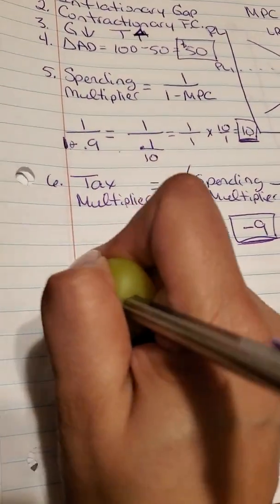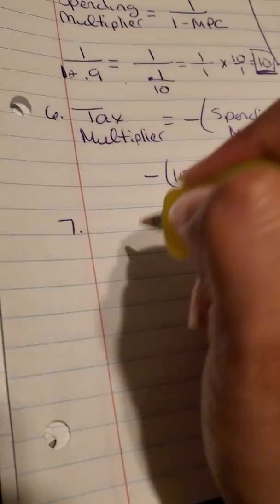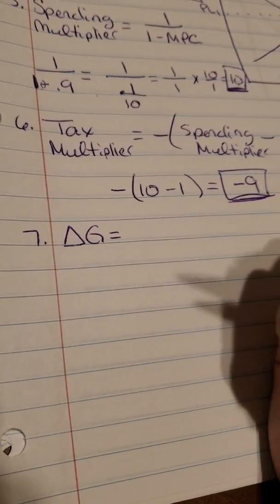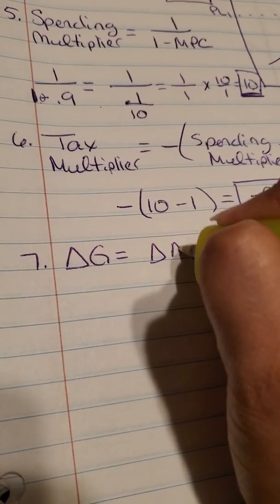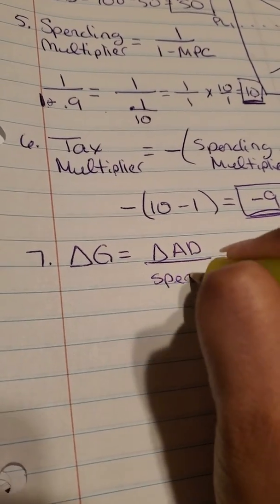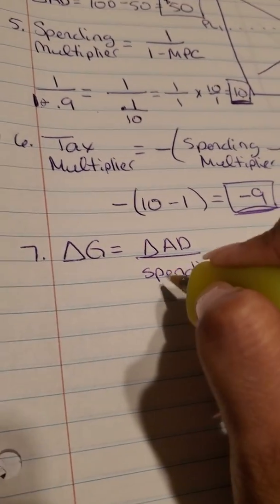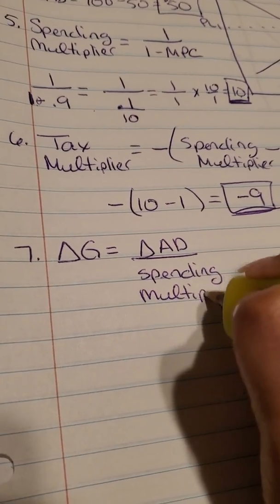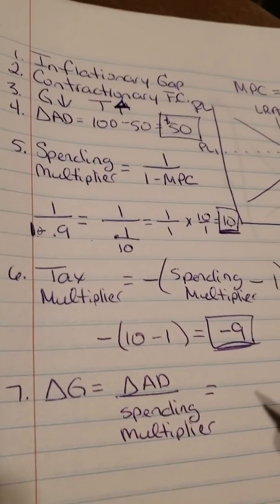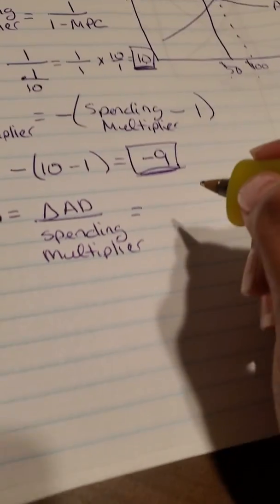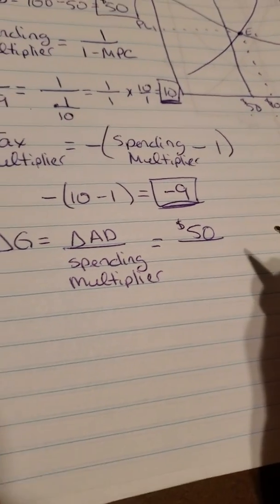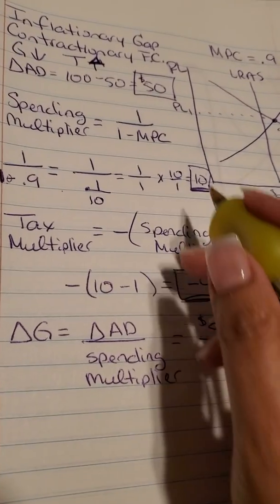Okay, 7, we need to calculate how much we're going to decrease government spending by. The equation for that is change in aggregate demand over our spending multiplier, which is equal to the change in aggregate demand that we need, which we said was $50 billion, divided by our spending multiplier, which we said was 10.